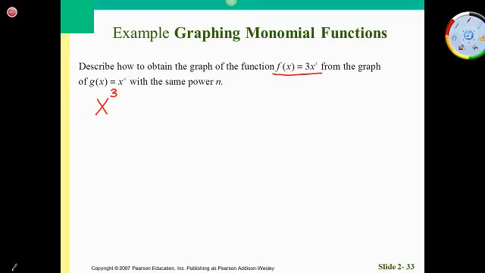Okay, why? Because, right, we call this the constant of variation, but let's think of it as transformation. How is it related to x to the third? Transformations from last chapter. How is 3x to the third related to x?